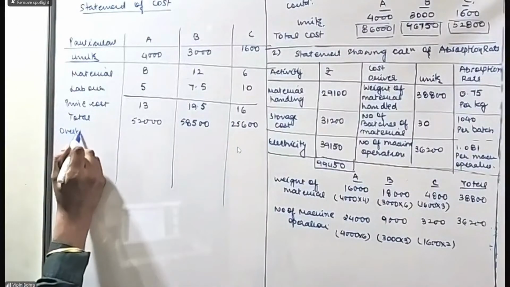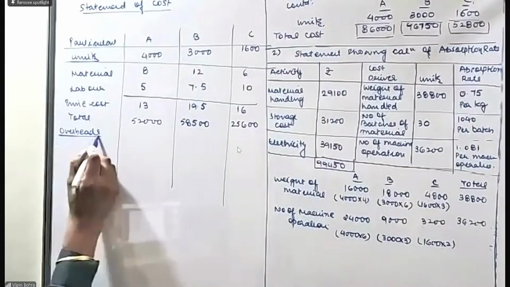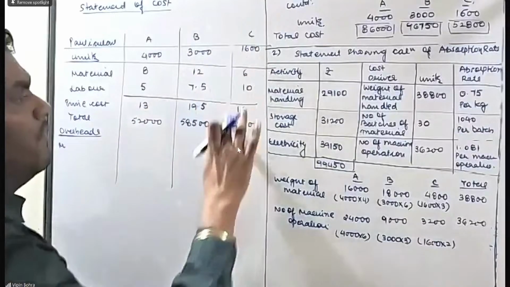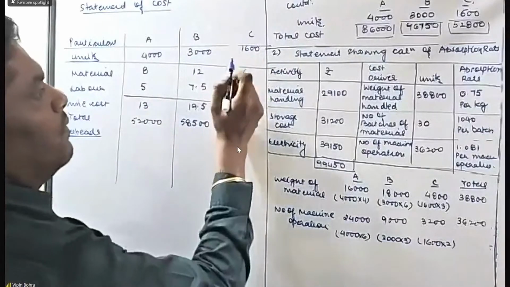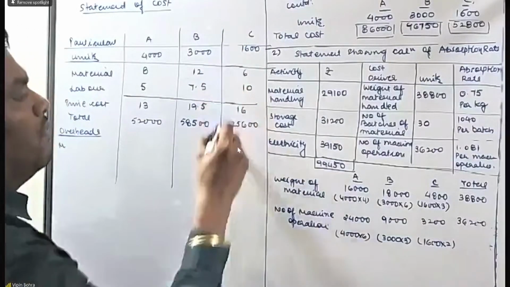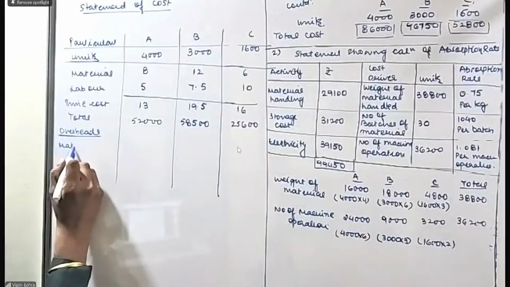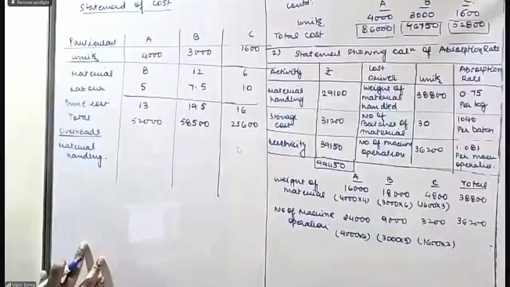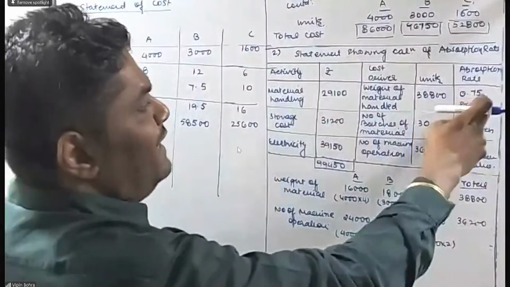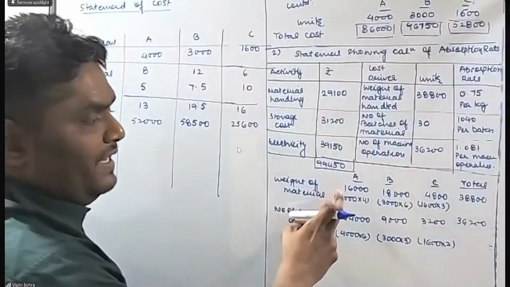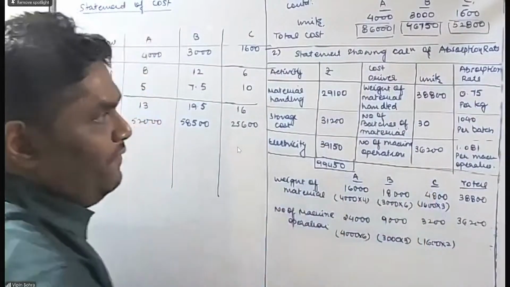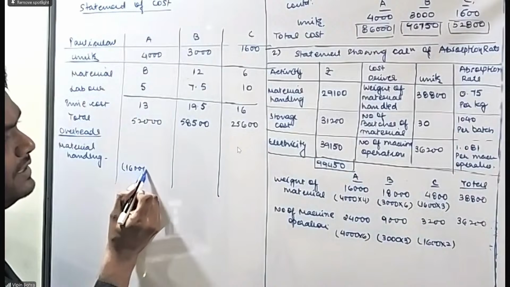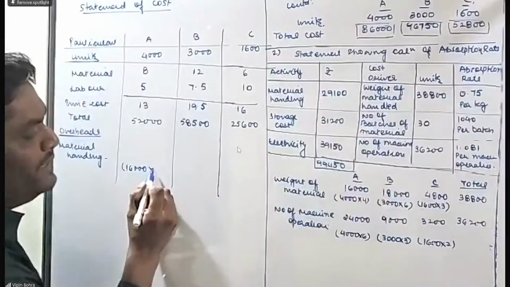Now let's take the overheads also. So first one is material handling cost. It is 0.75 per kg. And we have the kgs also, that is 16,000, 18,000 and 4,800. So for A, it is 16,000 kgs into the rate per kg of 0.75.